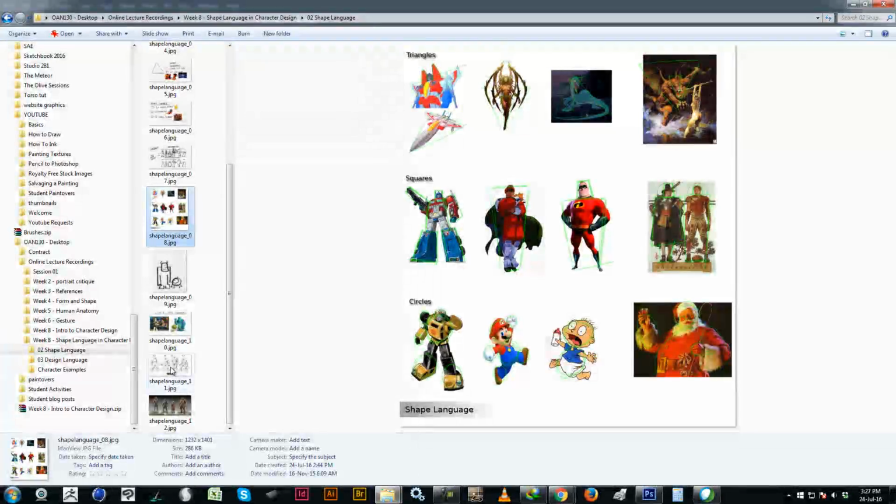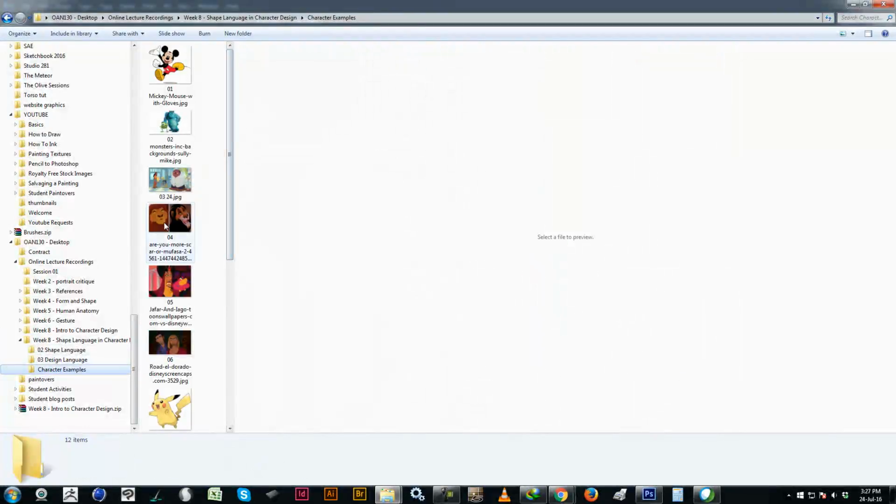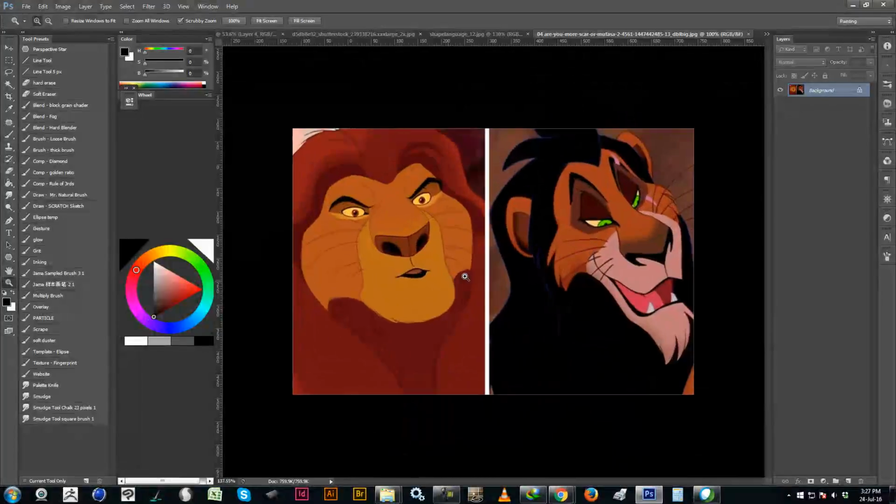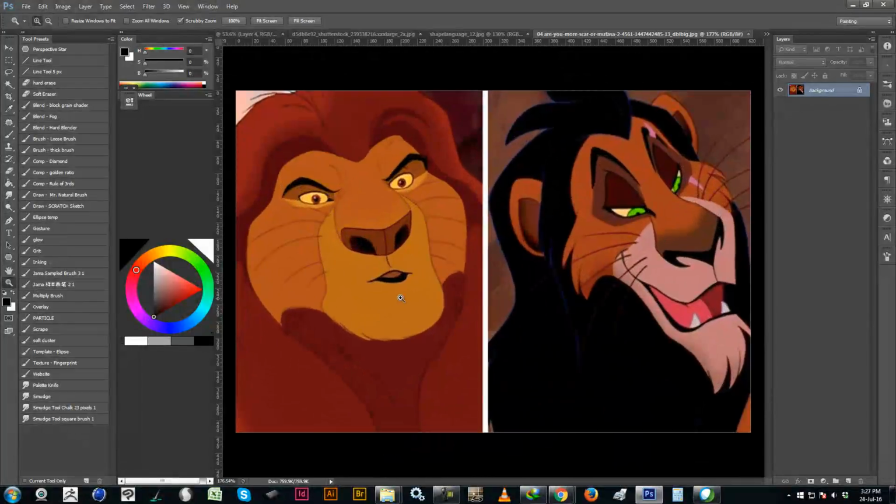So you can just think about that kind of stuff when you're designing. Over here you can totally see squares and triangles.